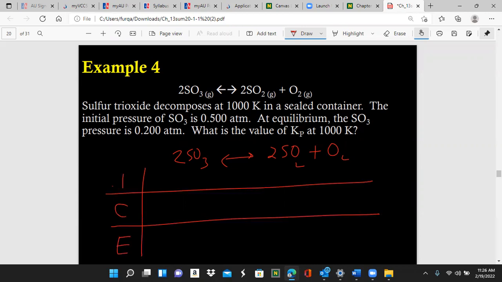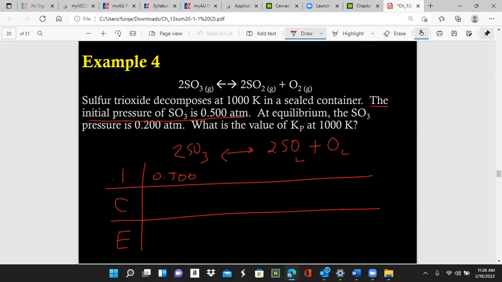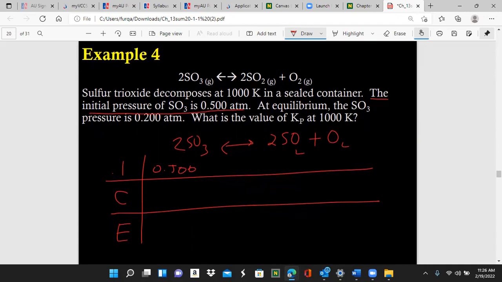So the initial concentration that I'm starting with here is the partial pressure. So the initial pressure is 0.500 atm for the sulfur trioxide, and we do not need to write units here, okay. What is it saying? At equilibrium, the SO3 pressure, so the equilibrium concentration, is also given to you. What is that?